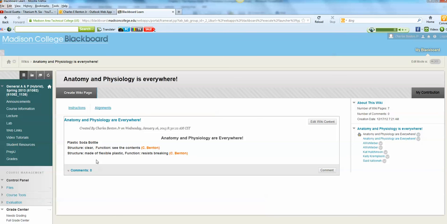One thing I do not want you to do is to completely describe an object. Last semester, I would have a student pick something like a chair, and they would describe the legs on the chair, the back of the chair, the seat, and then they would say a chair is for sitting. That is not what I'm asking you to do.